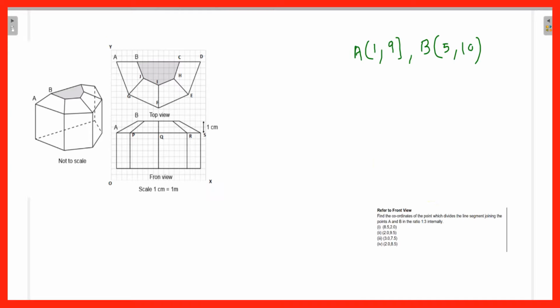Now here the question is that there is a line segment joining the 2 points A and B. Such questions you might have solved.